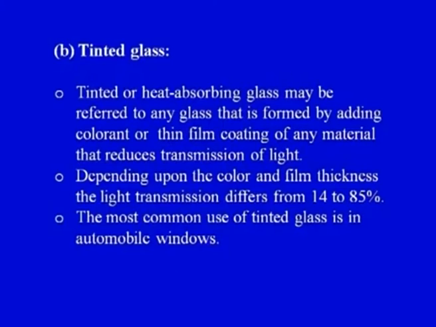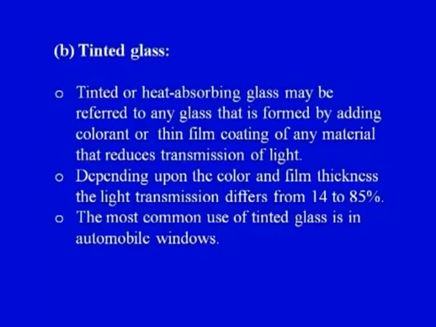So, the basic purpose of using tinted glass is that it should not allow the transmission of light. Depending upon the color and the film thickness, the light transmission differs from 14 to 85%. So, that is the level of opacity to light that we can achieve by adding different types of colorants or by putting different types of thin films. The most common use of tinted glass is in automobile windows.